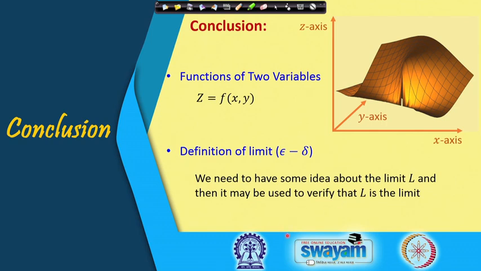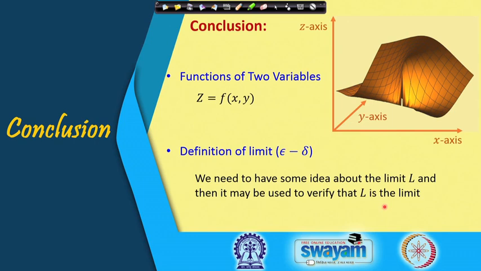Because what we will observe in the case of functions of two variables is that there are several paths which approach a particular point in the xy plane, and this is completely different from what we have seen in the case of one variable, where there were two paths, one from the right side and one from the left side.